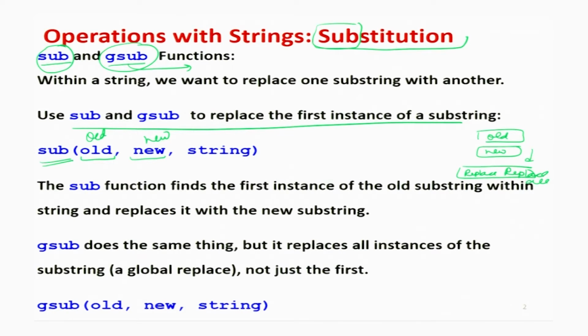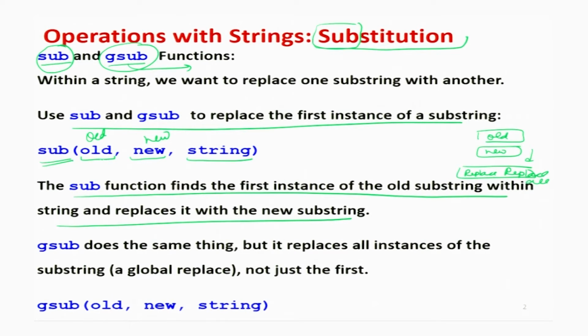Then you give the string under which you want to replace the word. So this sub function finds the first instance of the old substring within a string and replaces it with the new substring.